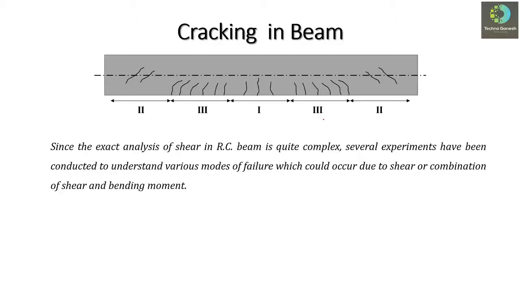As we have already discussed, the exact analysis of shear in the RC beam is a somewhat complex phenomenon. To understand the exact behavior of the RC beam in shear, several experiments have been conducted, and after these experiments it has been understood that there are various modes of failure which occur due to shear or due to the combination of shear and bending moment.